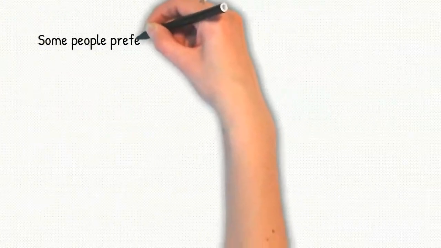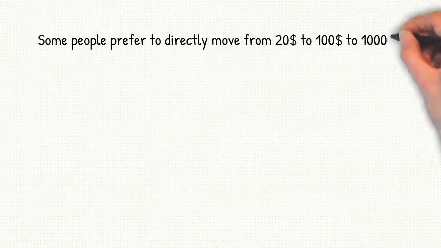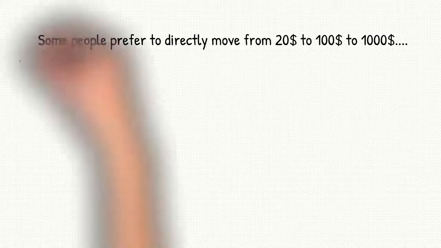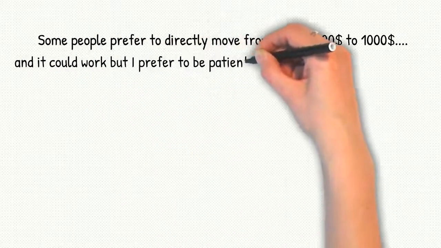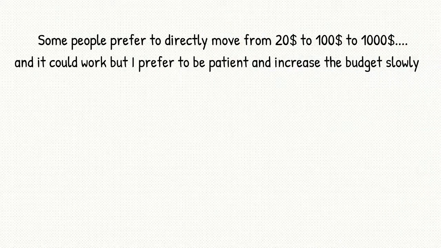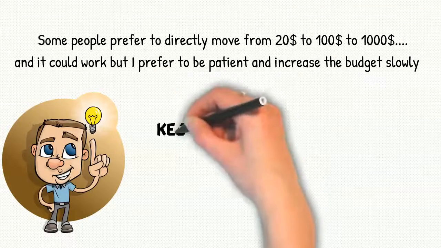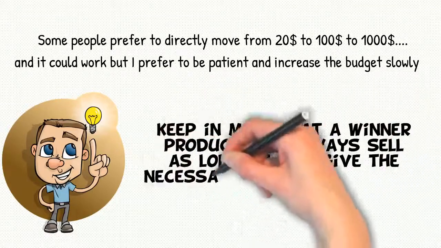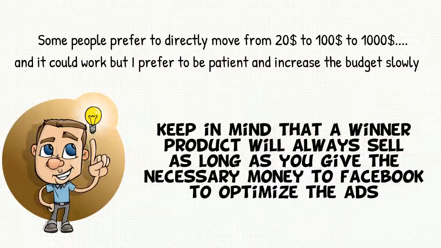Some people prefer to directly move from $20 to $100, maybe to $1,000, and it could work, but I prefer to be patient and increase the budget slowly. But you always have to keep in mind that a winner product will always sell as long as you give the necessary money to Facebook to optimize the ads.